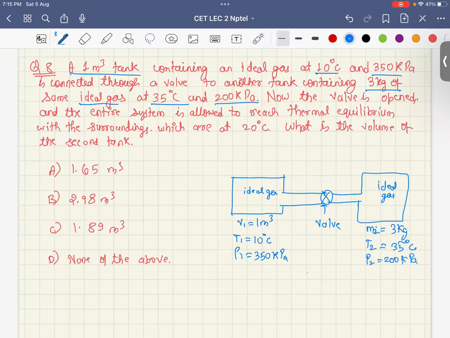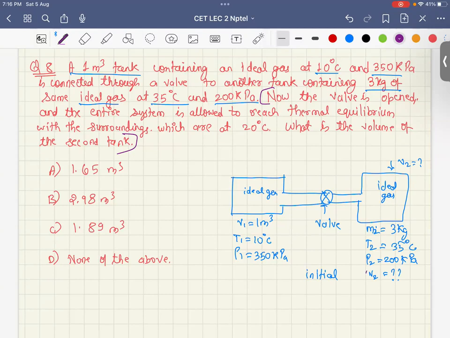So this is the initial system, right? And in this present question, what we are asked is what is the volume of this tank, what is this V2? The rest of this information is going to be useful in the next question.